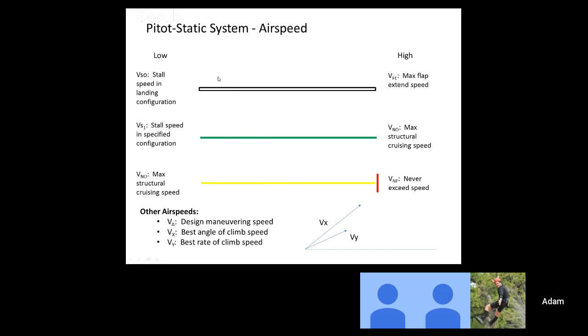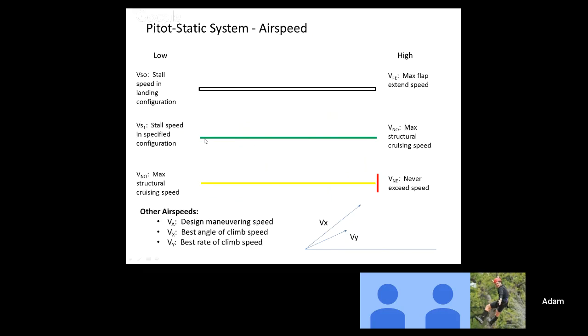And then in comparison, the minimum airspeed on the green arc is what's known as a stall speed in a specified configuration. And for 99% of the aircraft that we fly, specified configuration will be a clean configuration, meaning gear retracted if possible, flaps retracted, clean configuration.